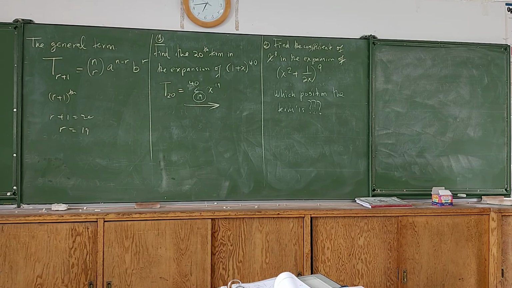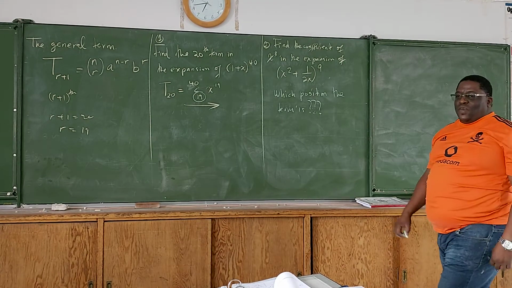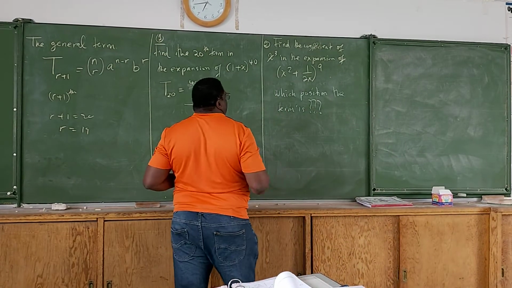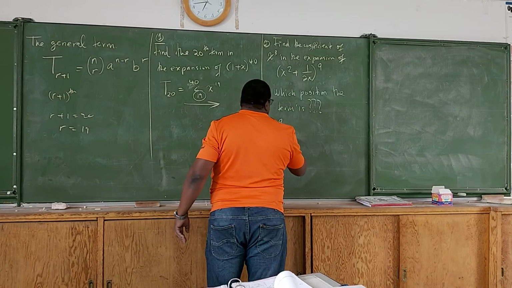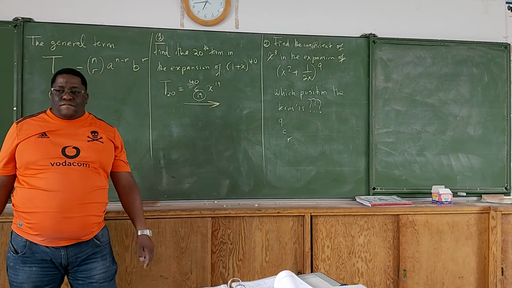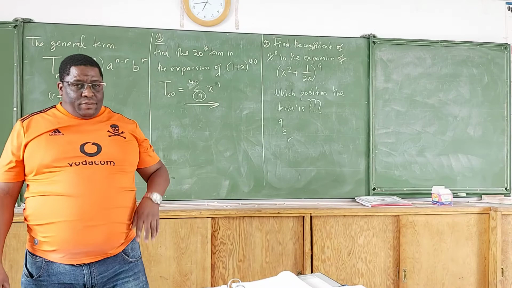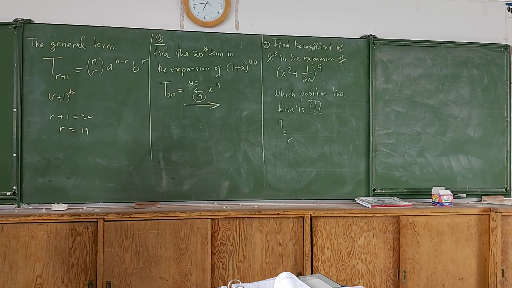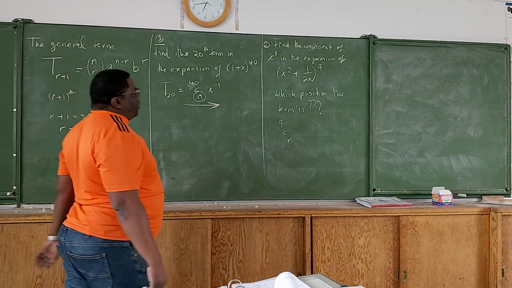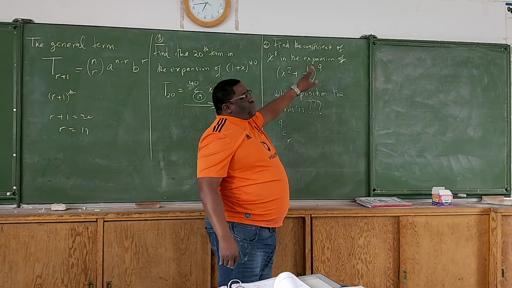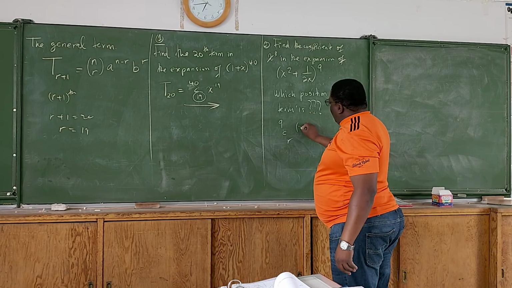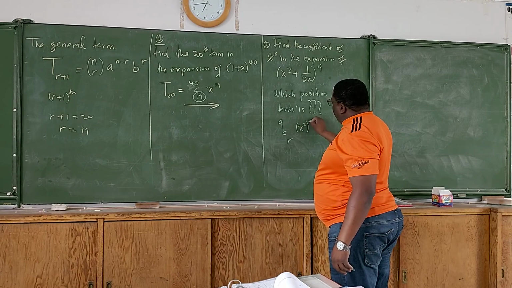We can write this as 9C r. Think from there: we want x cubed. So this one will be x squared to the power 9 minus r.